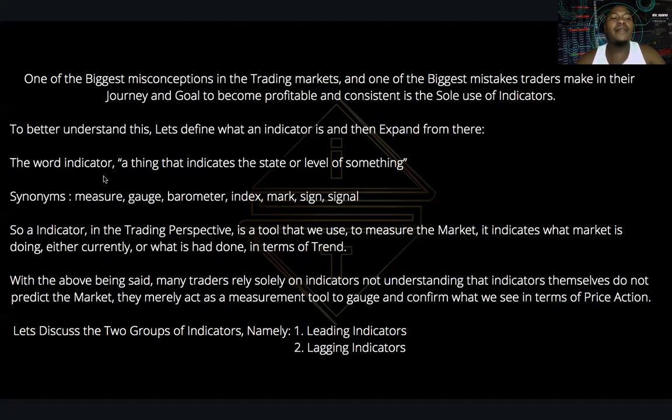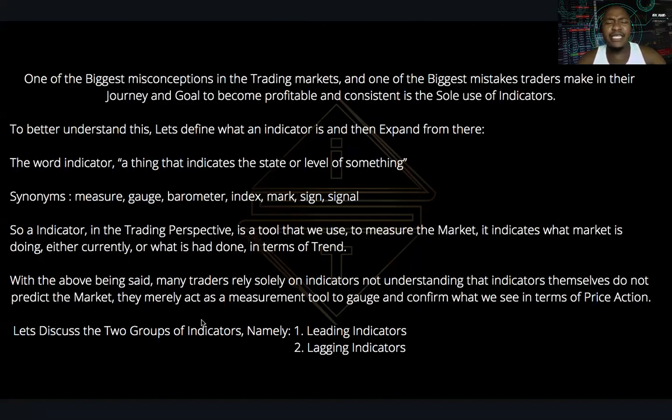So remember, the word indicator says it's a thing that indicates a state or level of something. An indicator from the trading perspective is a tool that we use to measure the market, and it indicates what the market is doing currently, or what the market had done in terms of trade.